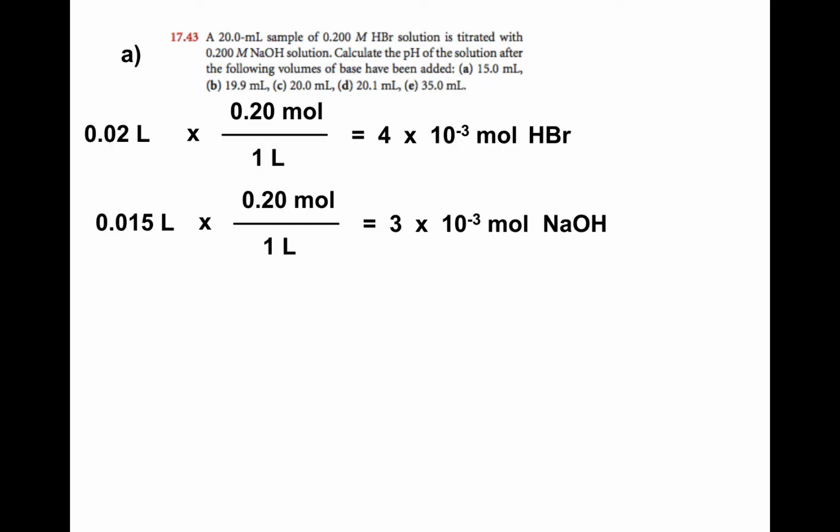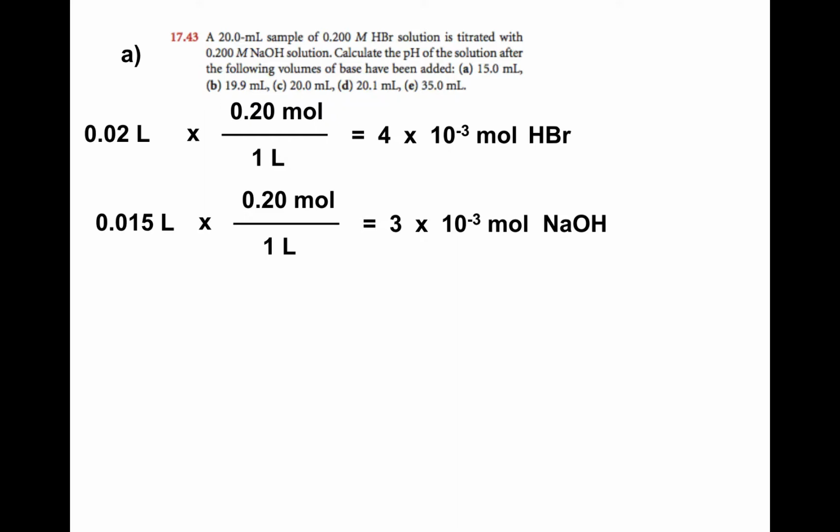All right, a 20 milliliter sample of 0.2 molar hydrobromic acid is titrated with 0.2 molar sodium hydroxide. Calculate the pH after the following volumes have been added. So initially we're starting out with 15 milliliters of sodium hydroxide being added to the 20 milliliters of 0.2 molar hydrobromic acid. The first thing, guys, is you've got to convert to moles of hydrobromic acid and moles of sodium hydroxide.